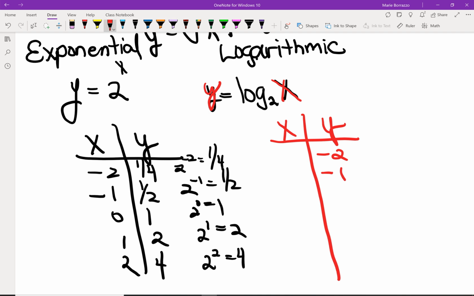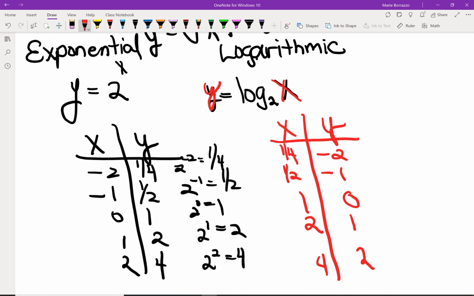Negative 2, negative 1, 0, 1, and 2, and your answers are now the same on the y as they were initially. I think I lost my placing here. I like writing it neatly so you can follow along. So this will be the 2 equivalent, 4, 2, 1. This will be the 1/2, and this will be the 1/4.